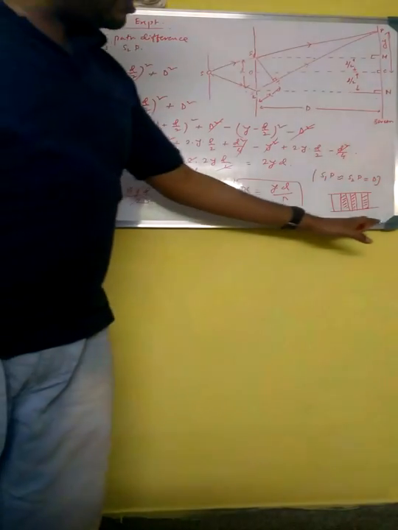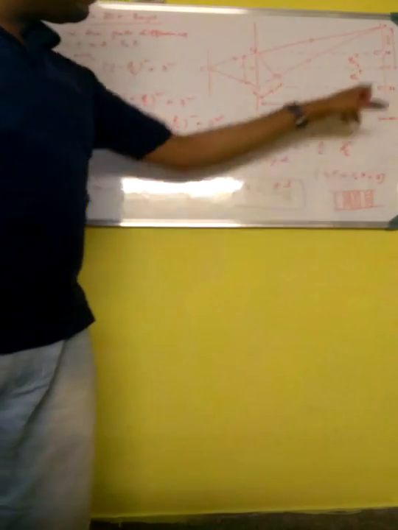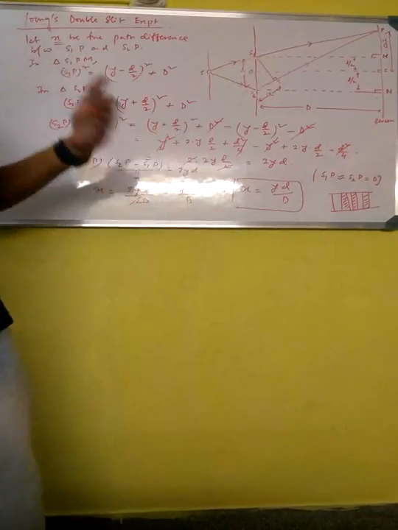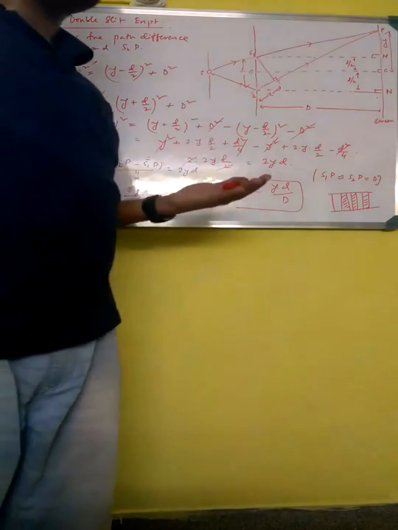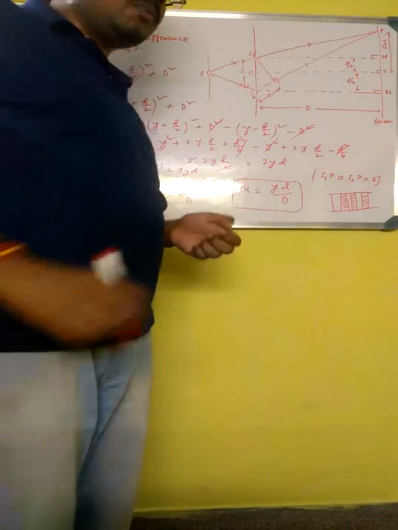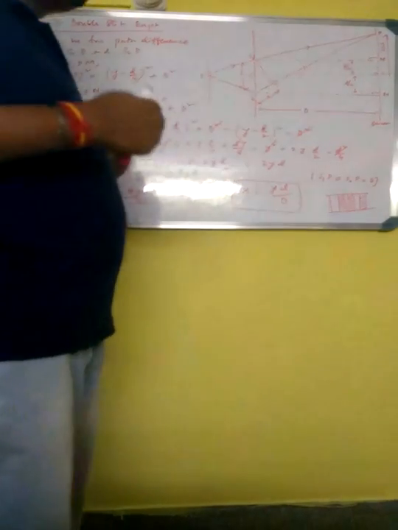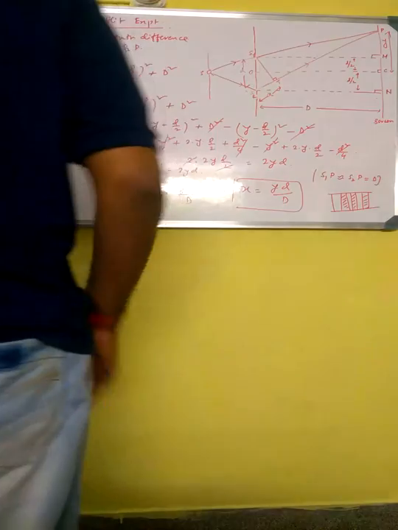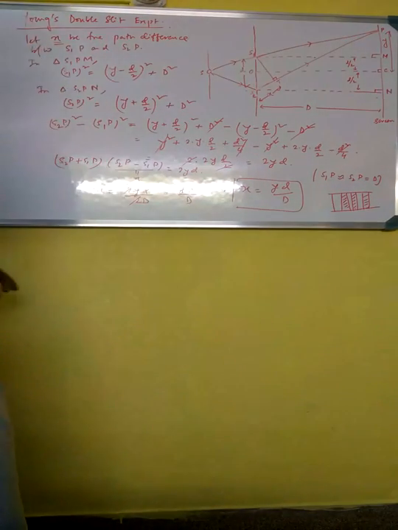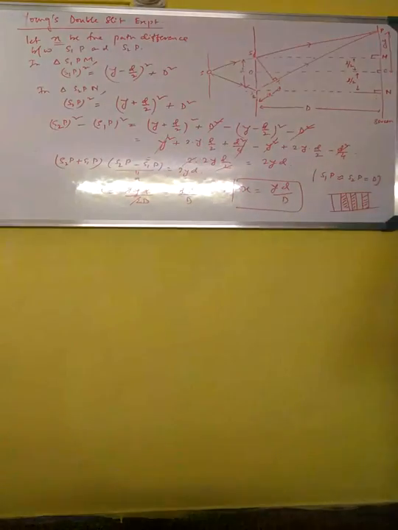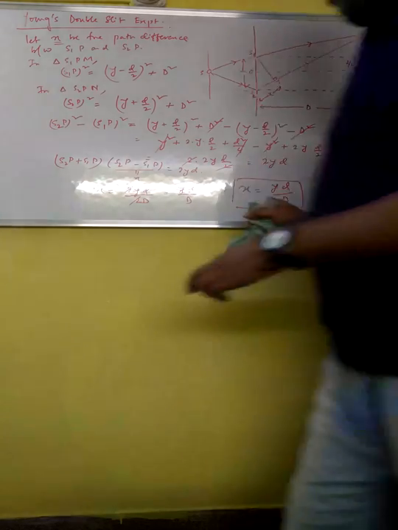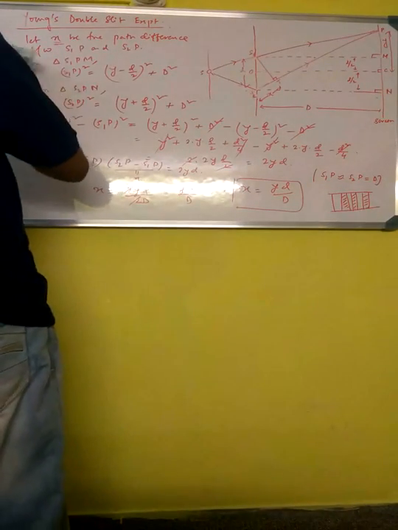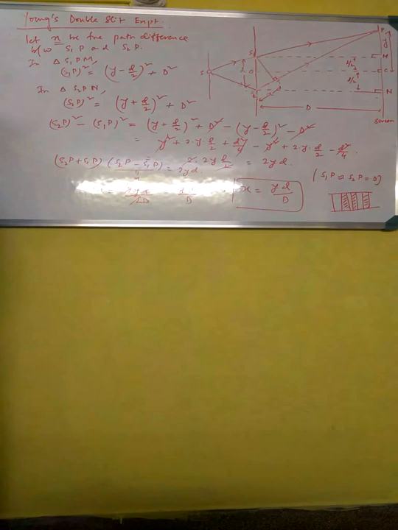So point P will have a maxima or a minima, depending upon which P will be a bright spot or a dark spot. That will result in constructive or destructive interference. Every term has the same meaning. So let us find out the various cases of this path difference.